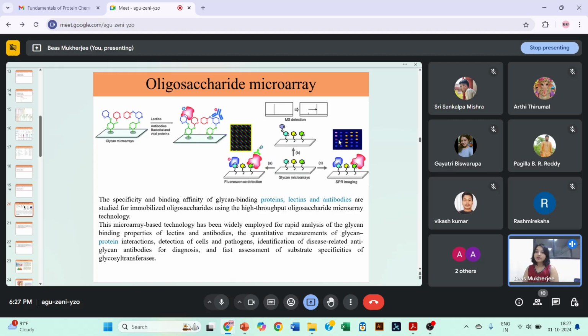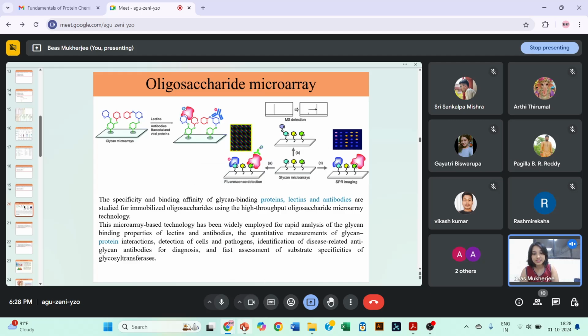So that is why it is high throughput. So the microarray based technology has been widely employed for rapid analysis of the glycan binding properties of lectins and antibodies, the quantitative measurements of glycan protein interactions, detection of cells and pathogens, identification of disease related anti-glycan antibodies for diagnosis and fast assessment of the substrate specificities of glycosyltransferases. Glycosyltransferases are enzymes that interact with the oligosaccharide group and they transfer this to different molecular entities, right?